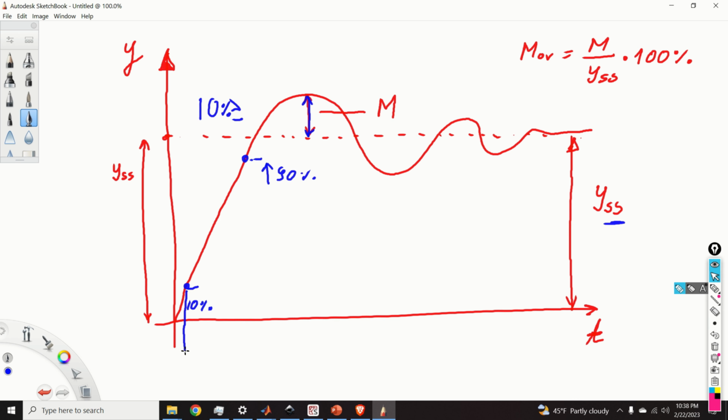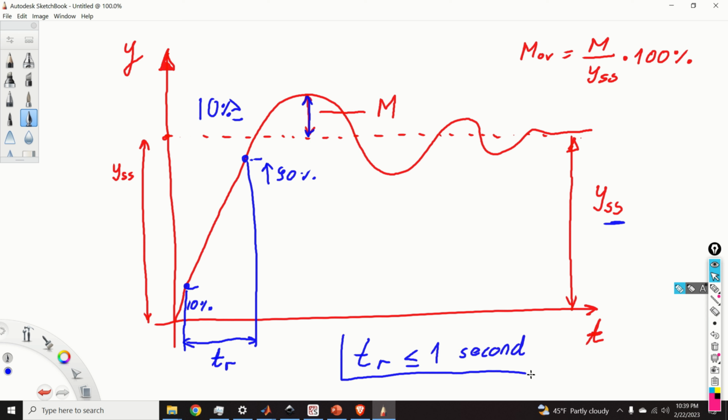So the rise time is the time that it takes for the transient response to go from 10% to 90% of the steady state value. And this is the time, TR, where R stands for rise time. The rise time should be less than or equal to 1 second. This is the second design specification.